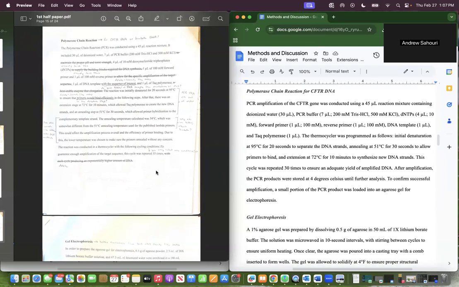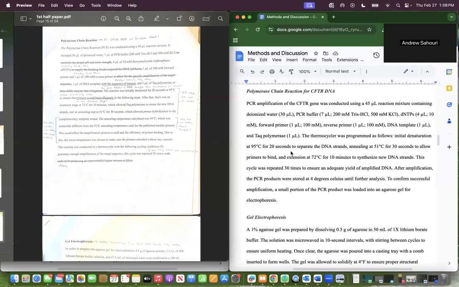And then we only listed one condition, so I clarified that as well to confirm. And then these are not methods, so I removed that.